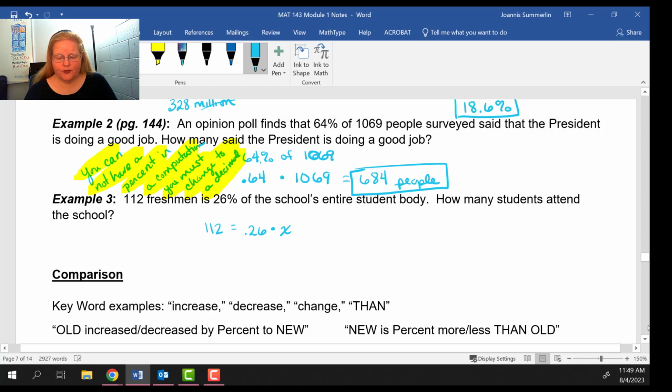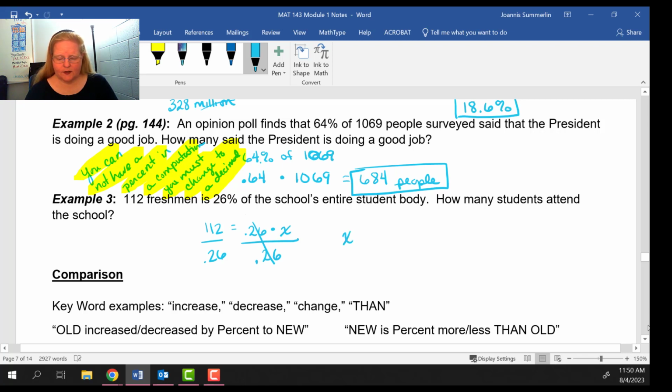In order for us to figure out what X is, we're going to have to divide. So I'm going to divide by my 0.26 because that's how you get to X by itself. Got to throw a little bit of algebra in there. They cancel each other out. And you get 112 divided by 0.26.